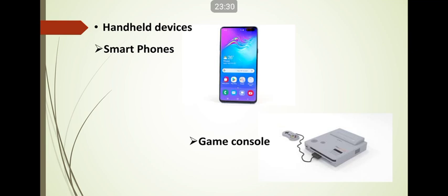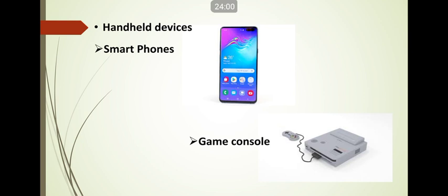Then next comes handheld devices. Now the computers which can be held in your hand. The very common one is your smartphone, that is there nowadays in almost everybody's hand, right? So a smartphone is also considered under the category of microcomputer. Why is this name given to it?